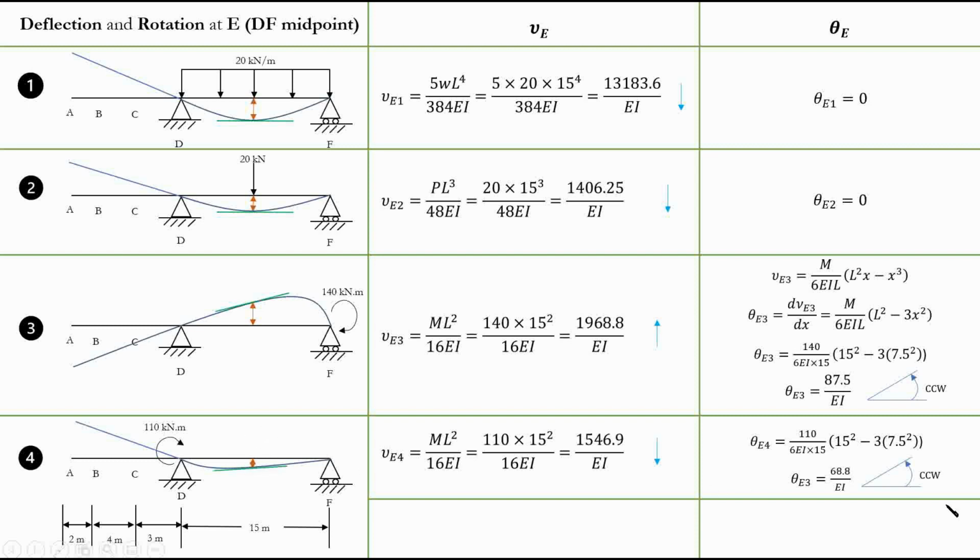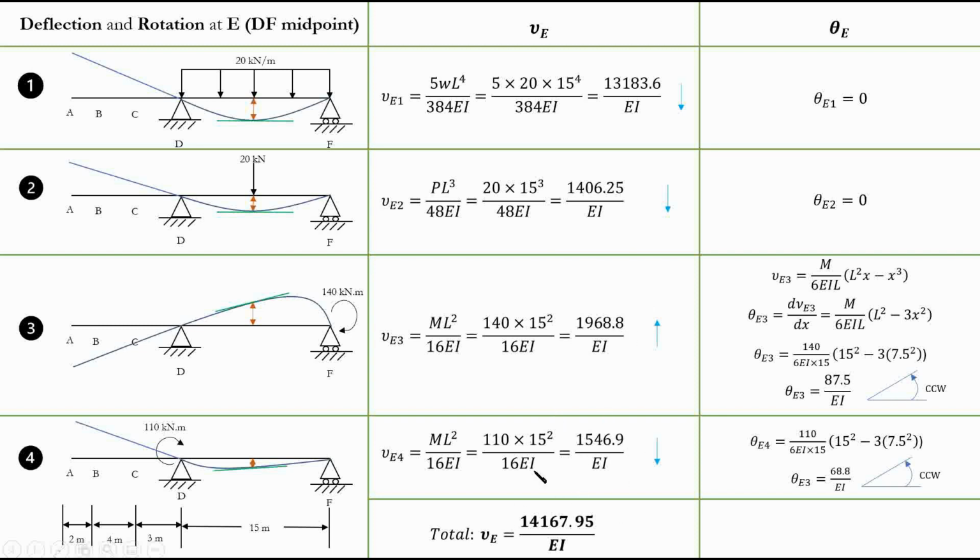So counterclockwise, this way. Now the principle of superposition applies, right? So just add these together and obviously take into account the effect of the sign, right? So it's downward, downward, downward. So add all of them together and minus this portion, right? So you will see the value here, basically this value plus this value plus this value minus this value.